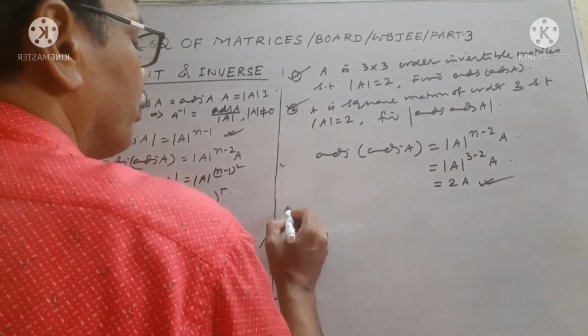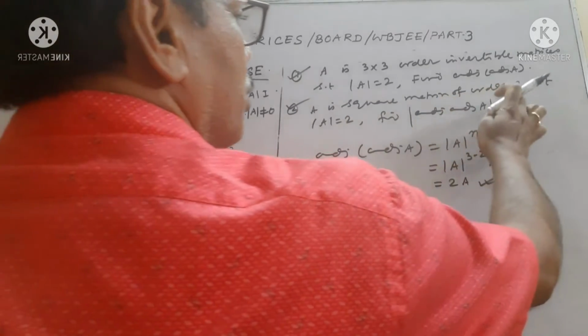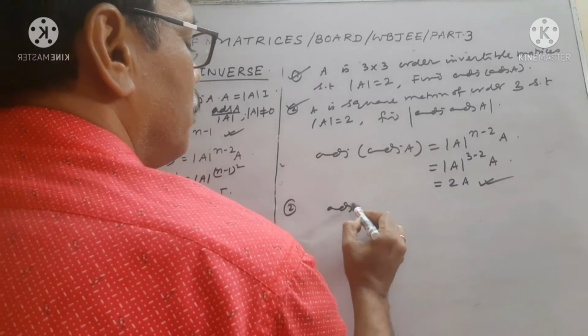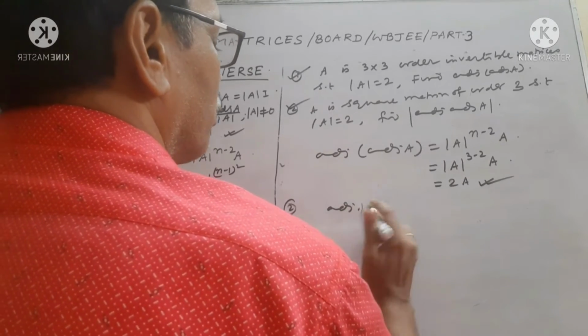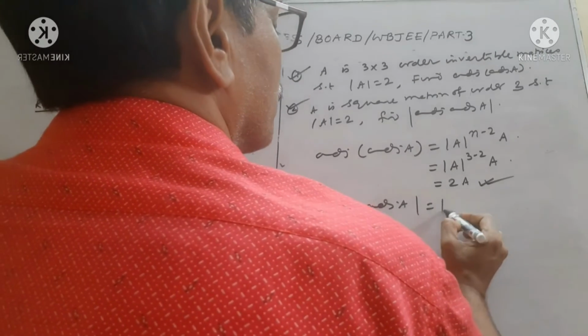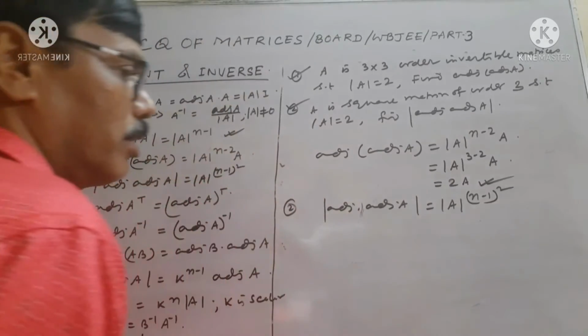Number 2. A is a square matrix of order 3 such that determinant A is equal to 2. Find determinant of adjoint A. So this is determinant A to the power n minus 1 whole square.